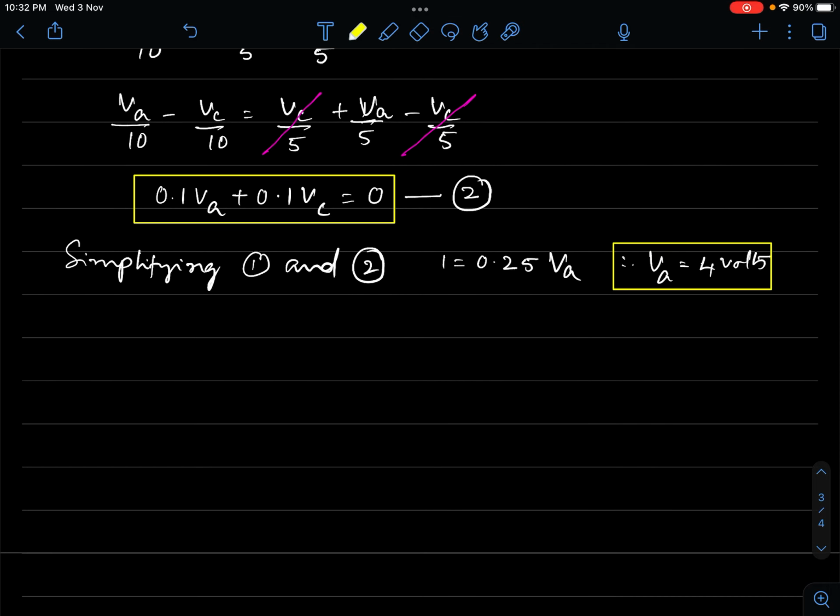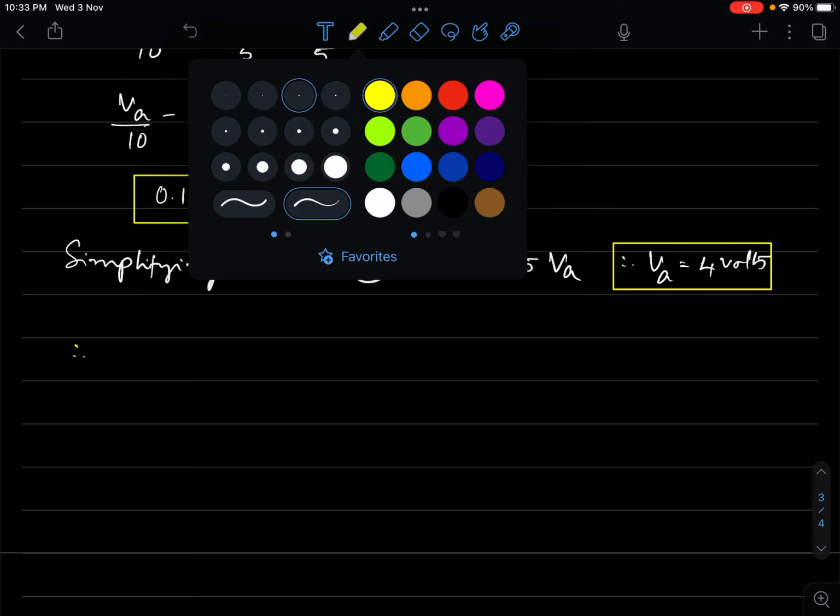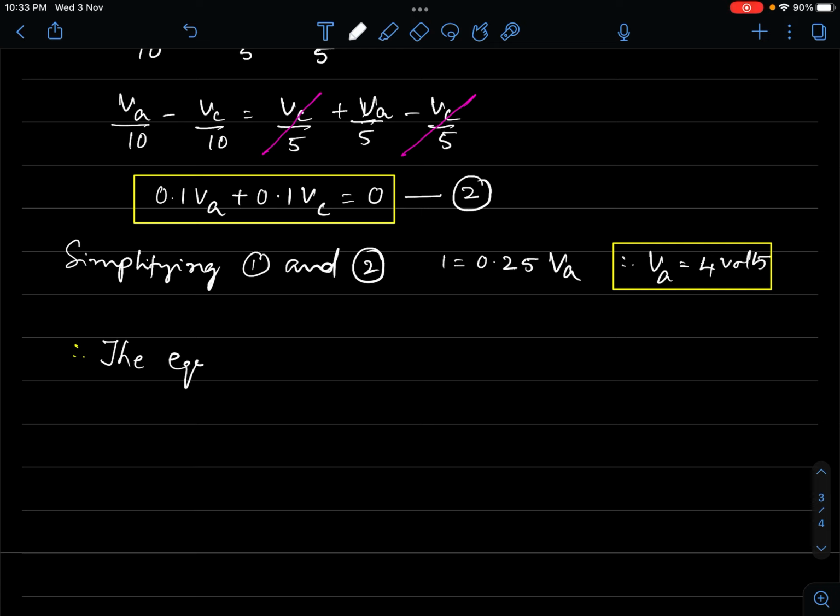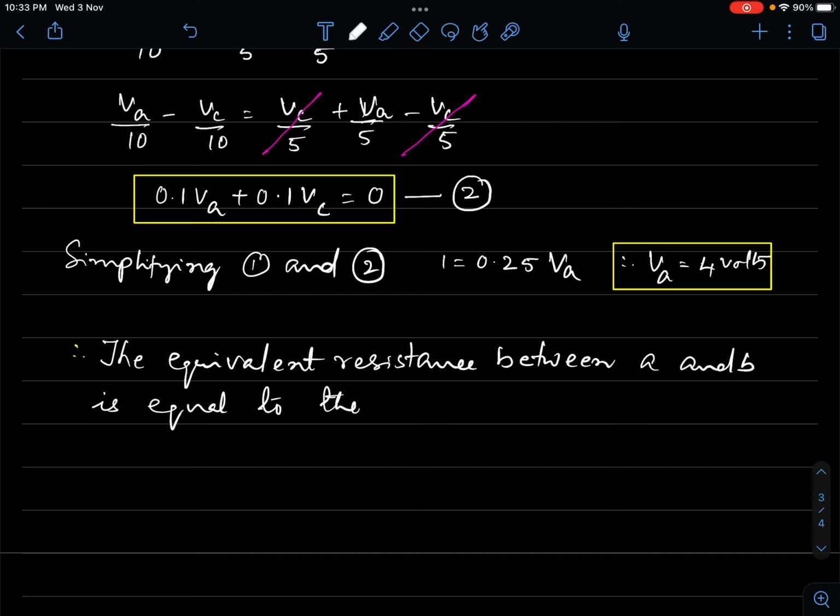Okay, so thereby our equivalent resistance between A and B is equal to, let me put it this way in words, the voltage across the current source, which is equal to 4 volts.